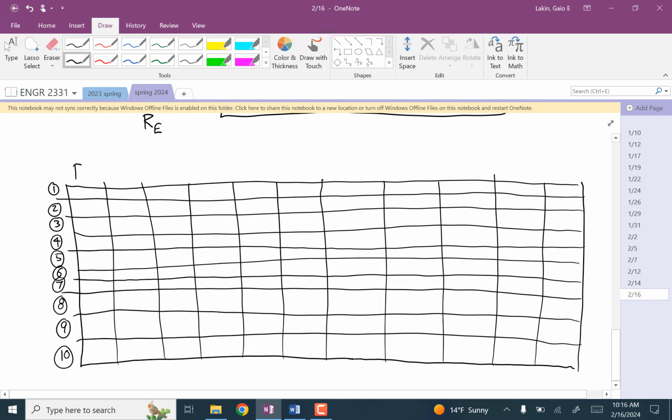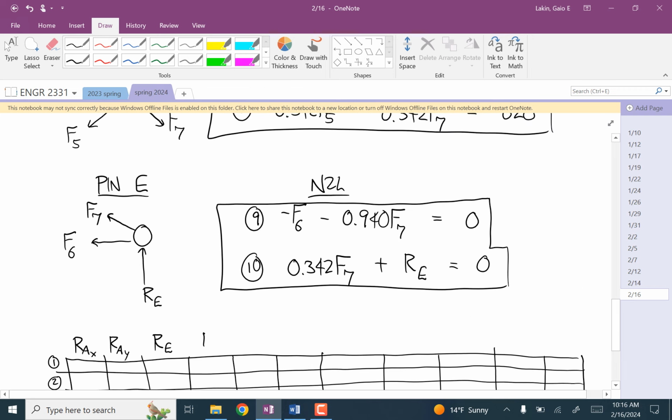I'll write it as RAX, RAY, and then RE. F1, F2, F3, F4, 5, 6, 7, and then a column for the constant.